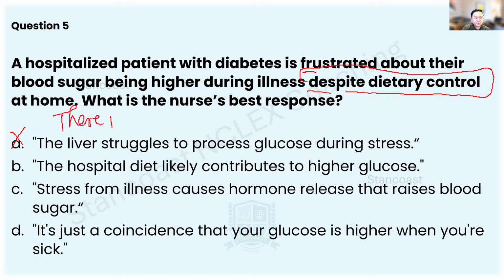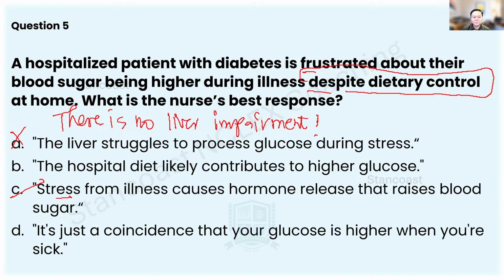There is no liver impairment, but instead, the liver will be forced to convert those stored glucose and other sources into glucose, because it is responding to the stress hormones. Basically, that is letter C.